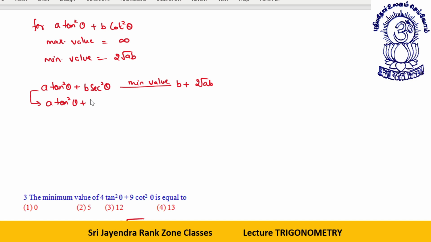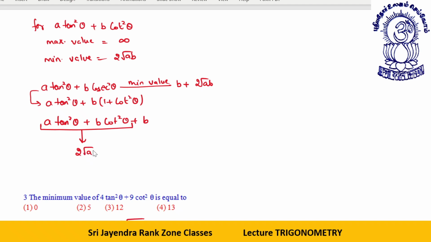A tan square theta plus B sec square theta, I'm very sorry. So it will be like B into 1 plus tan square theta, so this becomes A tan square theta plus B tan square theta plus B. You already know for this portion the minimum value is 2 under root AB, plus for this it is B.